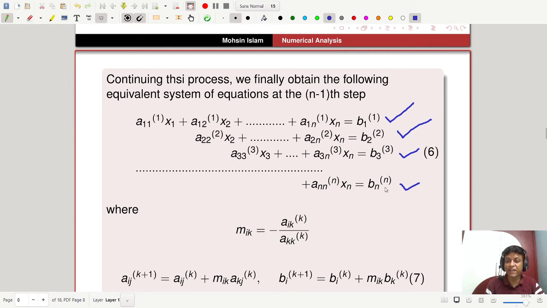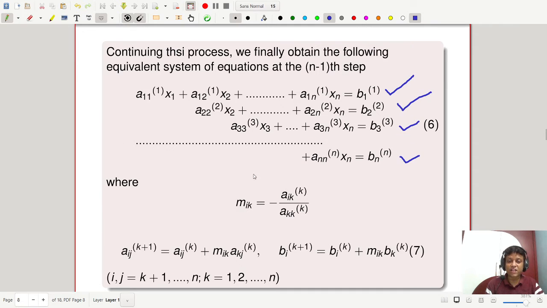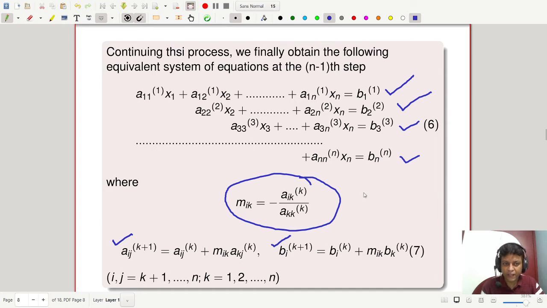So this is the final, n minus 1 step system of equations, where mik is the general multiplier, and this is aij(k+1), bj(k+1). You can get these values, so you are applying the same process. Okay, so now you can get the value of xn from the last equation by back substitution.